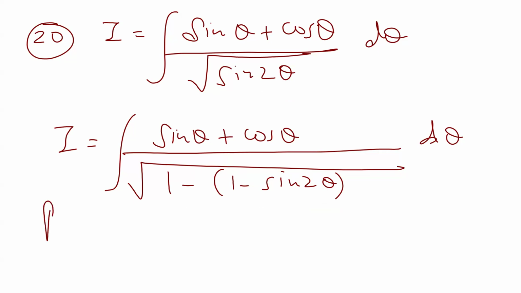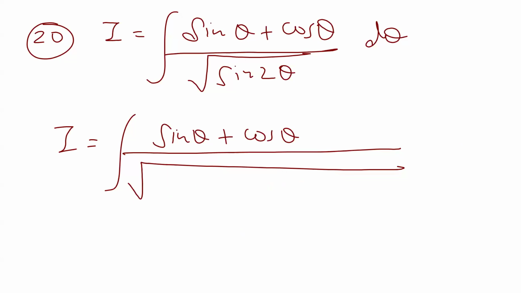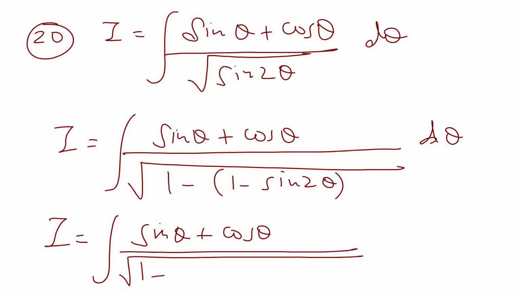Now take 1 minus sin 2 theta as t. Or rather we'll do one more thing. Sorry. The formula will apply before the method of substitution. So sin theta plus cos theta upon root of 1 minus cos theta minus sin theta the whole square d theta.